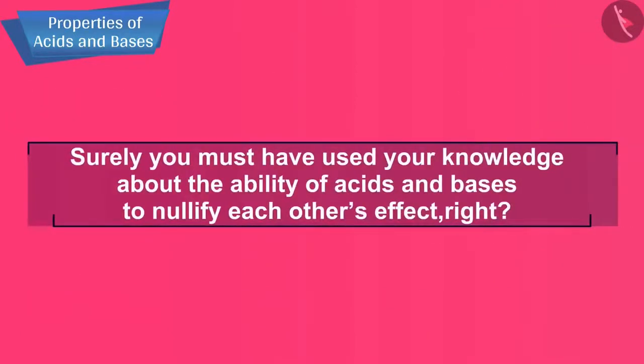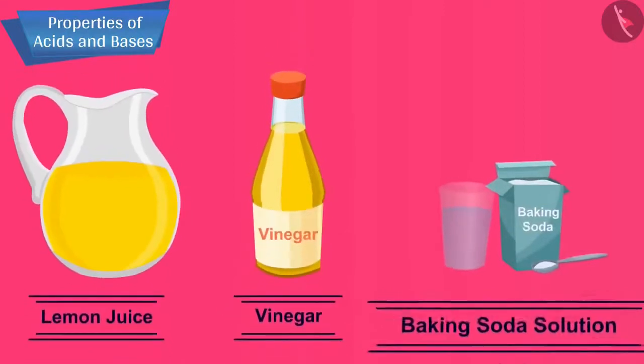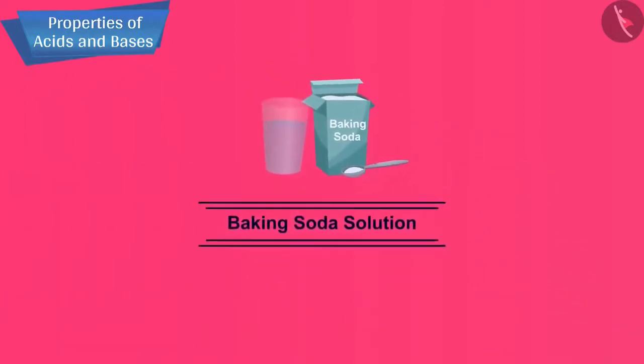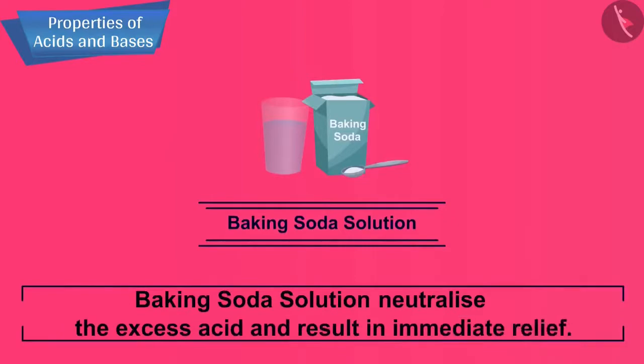Surely you must have used your knowledge about the ability of acids and bases to nullify each other's effect, right? And so, when someone is suffering from acidity, the remedy that you can give is baking soda solution, as this will neutralize the excess acid and result in immediate relief.